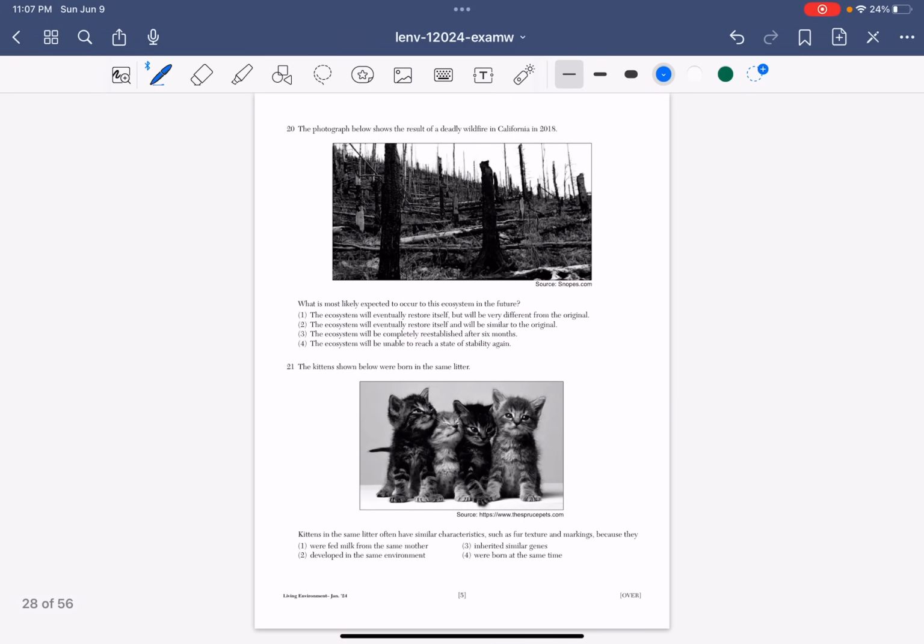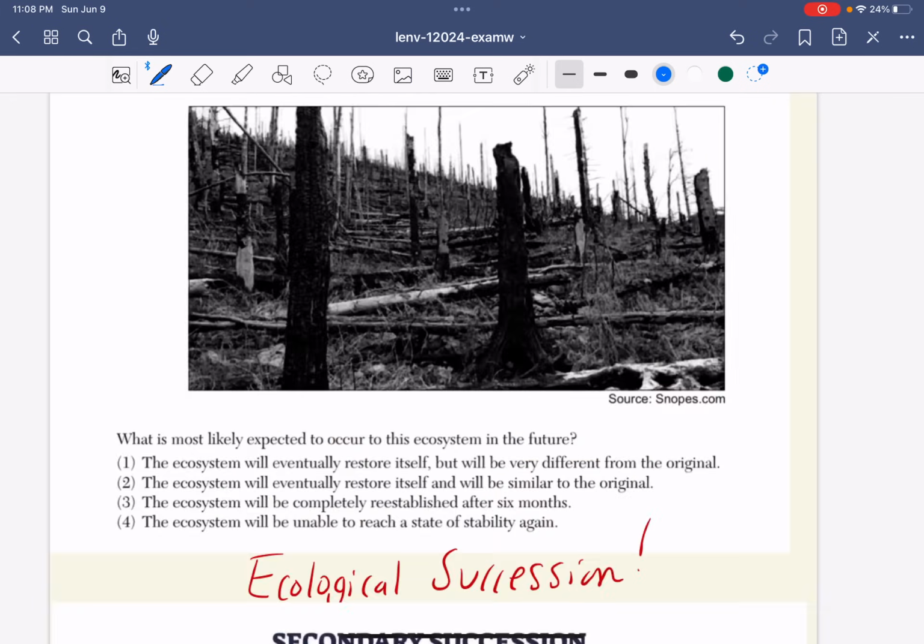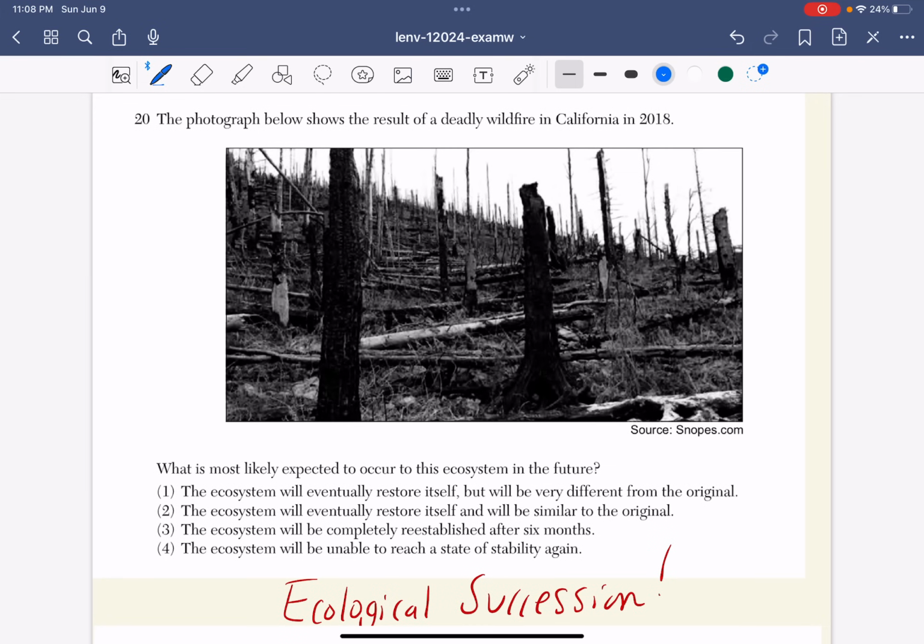All right, we are on page 5 of this January 2024 exam. And let's answer our last question of the video, which is number 20. Number 20, you will absolutely get a question on ecological succession.